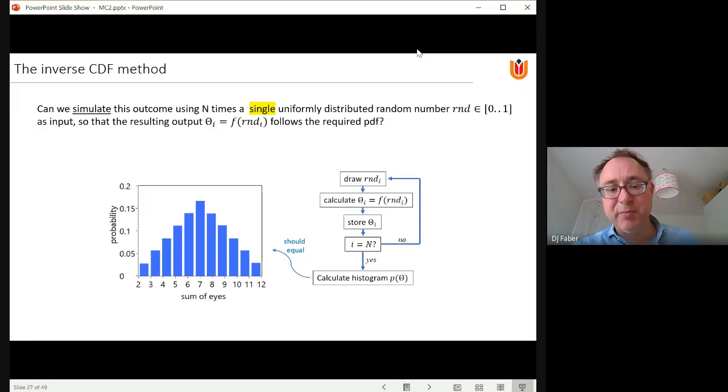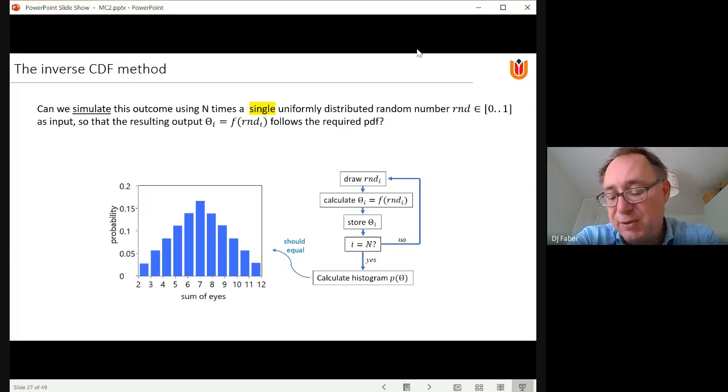So the approach would then be as follows. First, you would draw a random number. You would calculate the sum of eyes theta_i when you know the function f, yet to be determined. Then you would store this value of theta_i in the computer, and you repeat that until you have generated as many random numbers n as you wanted to generate.